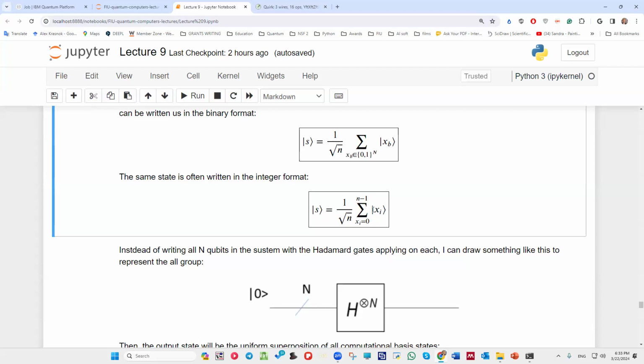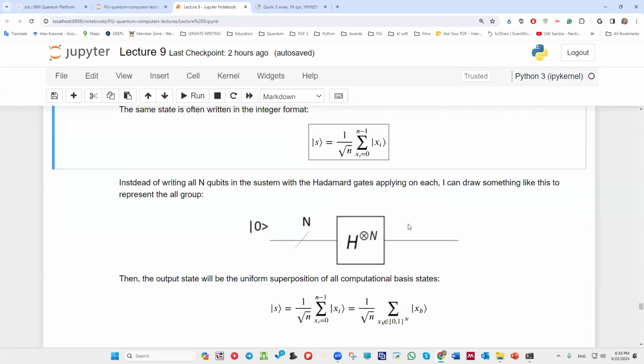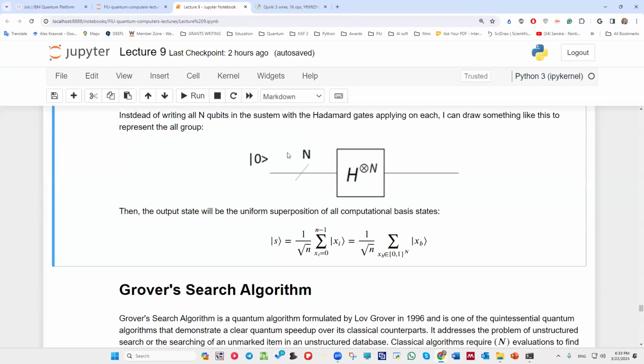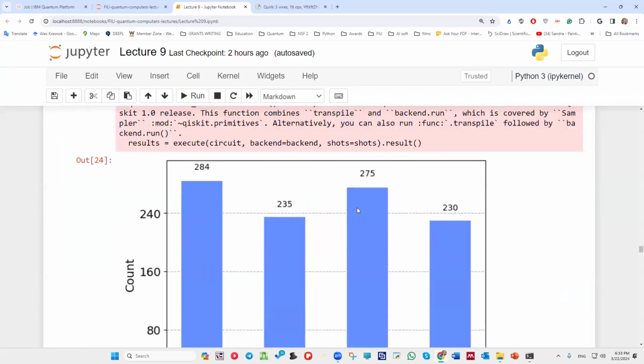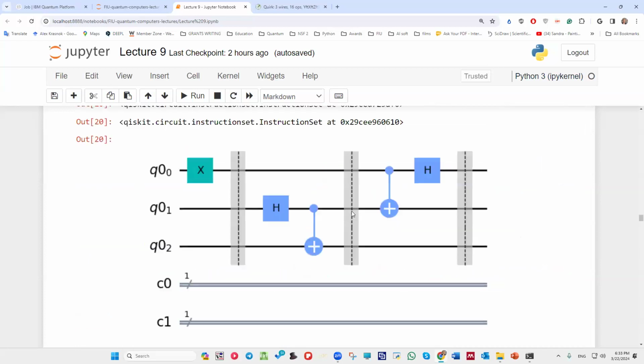So it's a summation of state 0, state 1, state 2, and so on. And this is important, because using this approach of writing integer qubits, we can draw something like this.